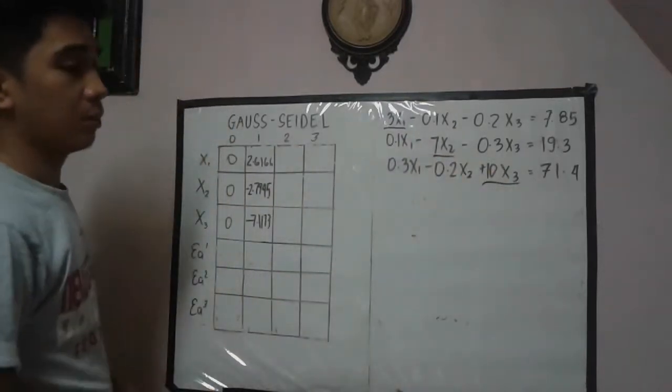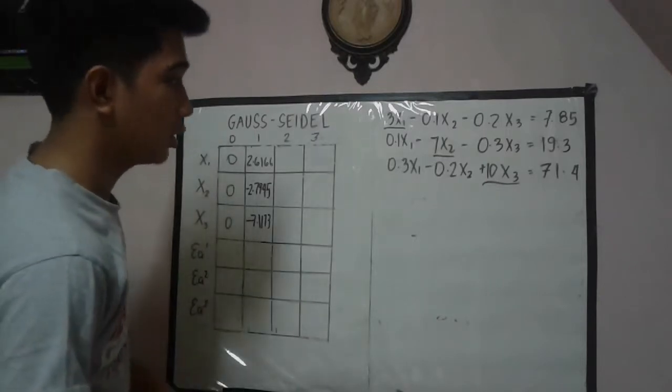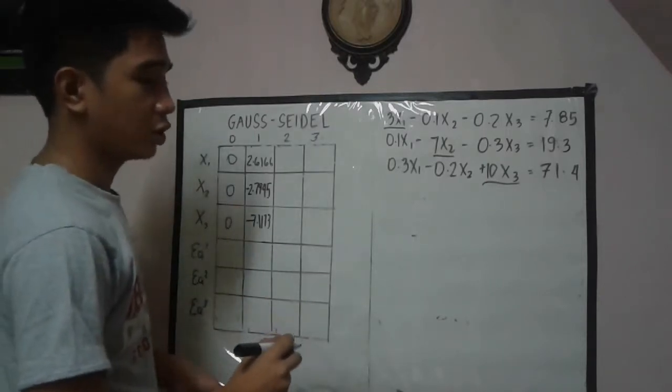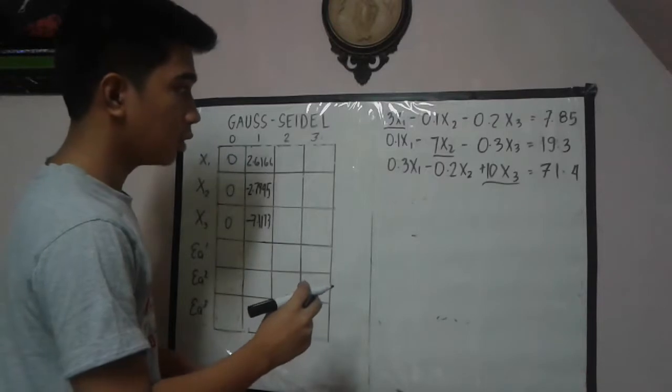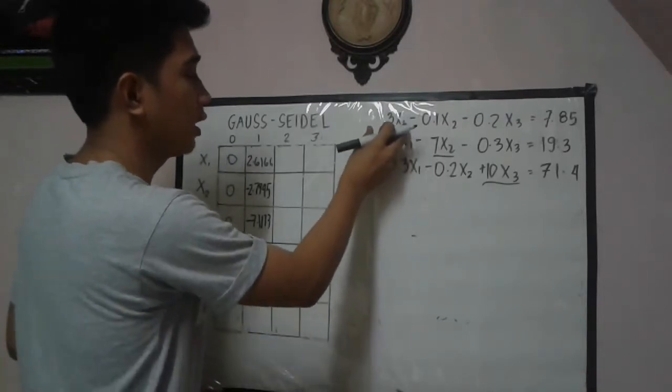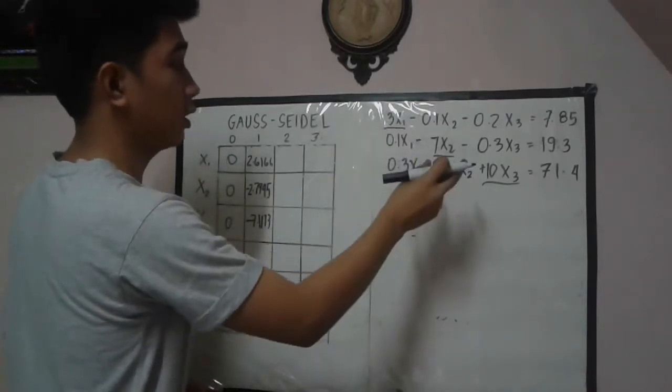For the second step of solving using Gauss-Seidel, we need to form an equation that we will equate to the first coefficient in order to find the unknowns.